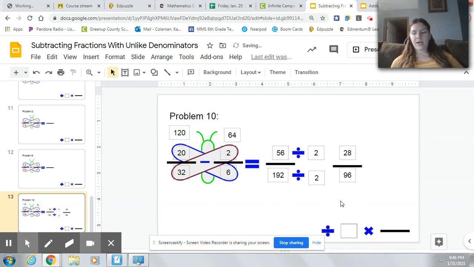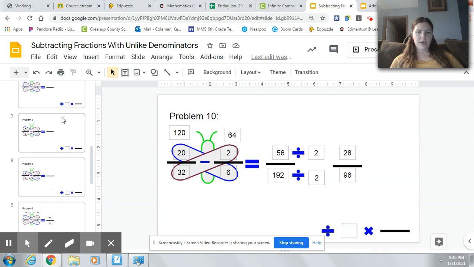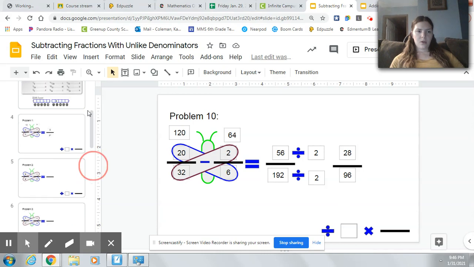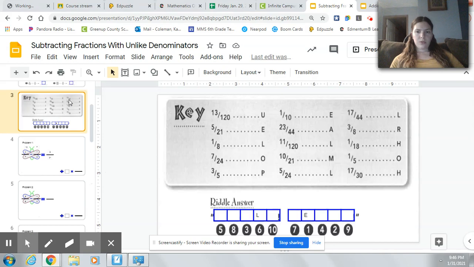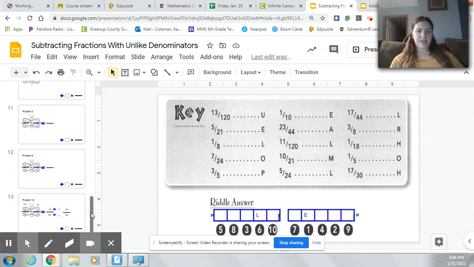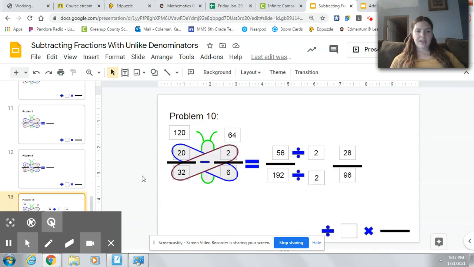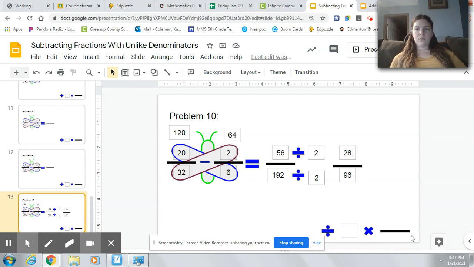Now you might automatically know there's nothing in the answer key. It's going to have 28 over 96 because it doesn't show up. That's because 28 and 96 are still even numbers. That means you can still divide them both by 2 again. So I'm going to divide them by 2 again.